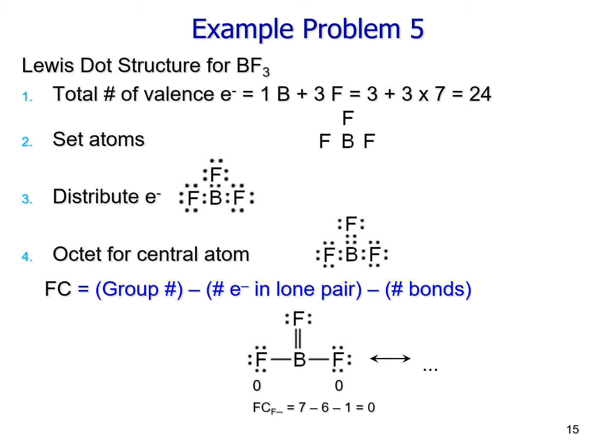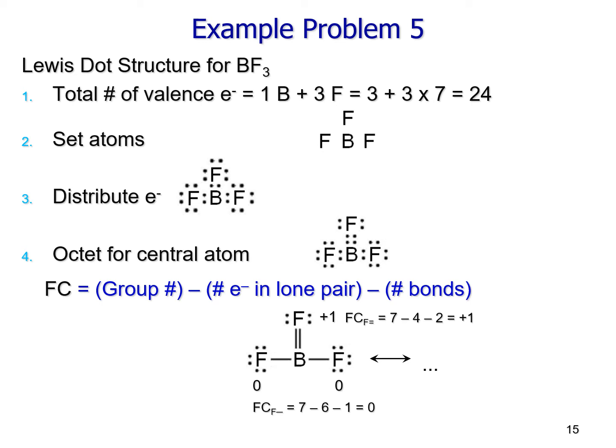What about the double bonded fluorine? It turns out the formal charge is +1: 7 minus 4 electrons in lone pairs, minus 2 bonds, minus 2, we get +1.